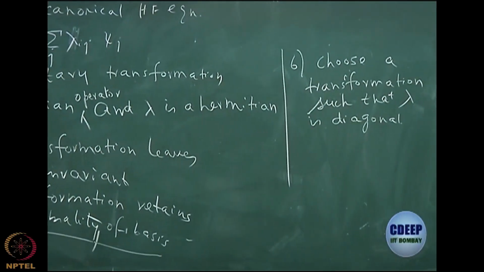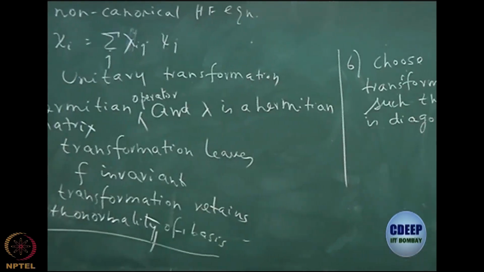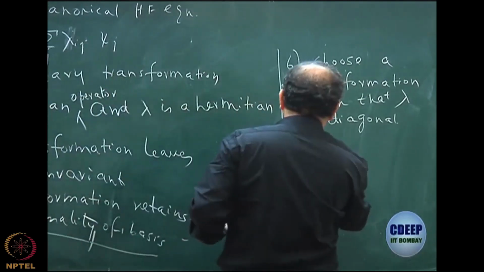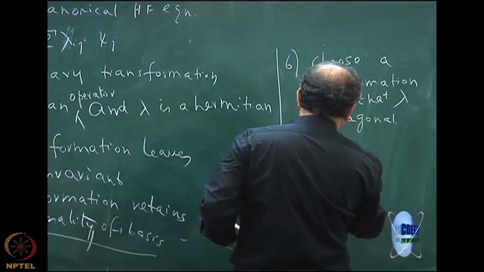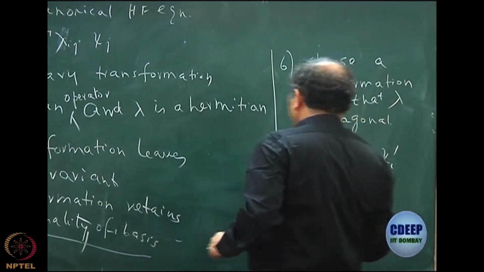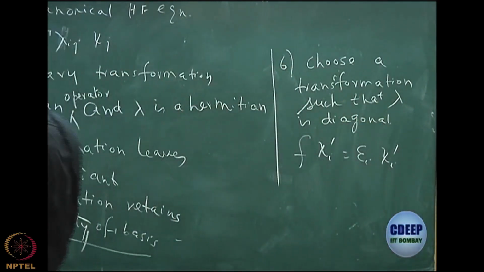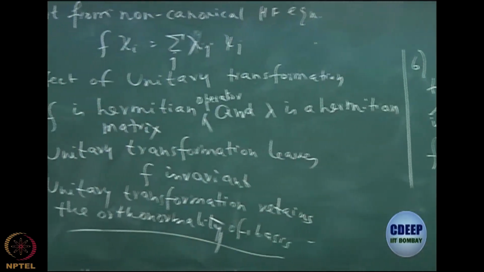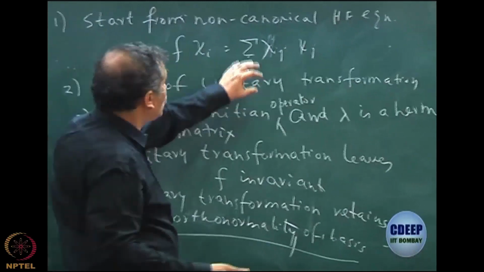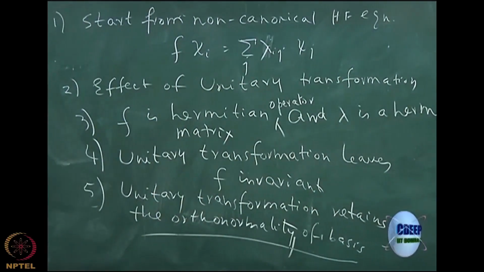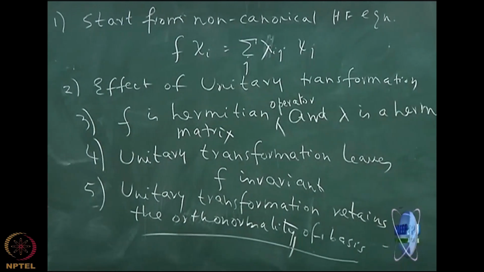So then you will get arbitrary lambda prime. But now I can choose such that it is diagonal. So my Hartree-Fock equation then will become canonical, and it will become f of chi I prime in the new basis as epsilon I chi I prime. The same Hartree-Fock equation which I started with now has a canonical form simply because I am able to make this matrix diagonal by a suitable unitary transformation.